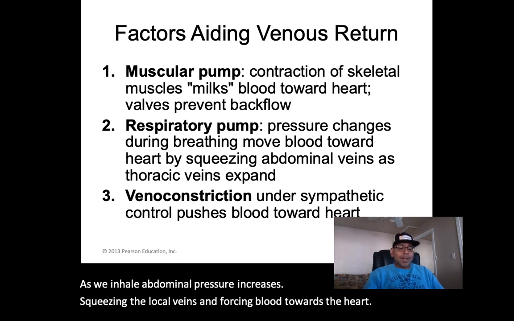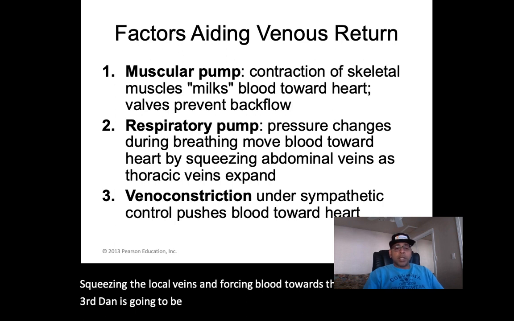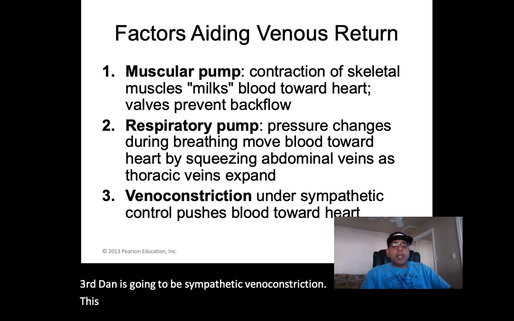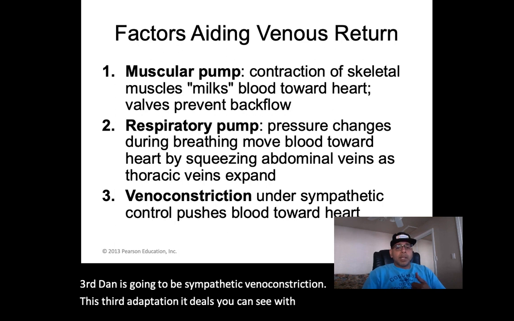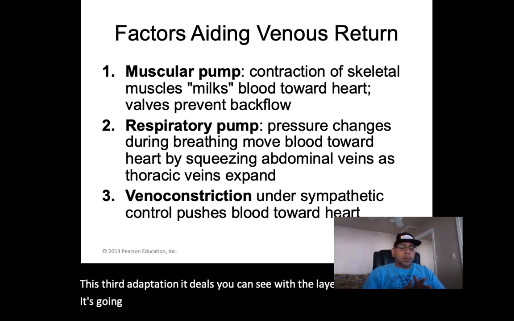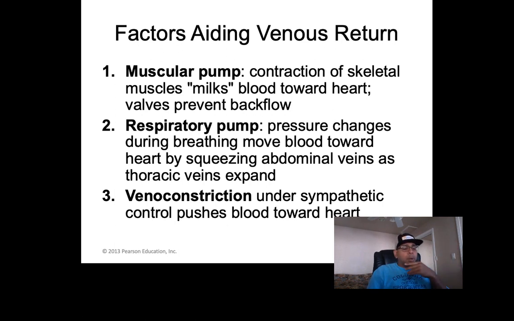Third then is going to be sympathetic venoconstriction. This third adaptation deals with the layer of smooth muscle that's going to be found around the veins that constricts under sympathetic control, causing venous volume to be reduced and blood to be pushed forward towards the heart.